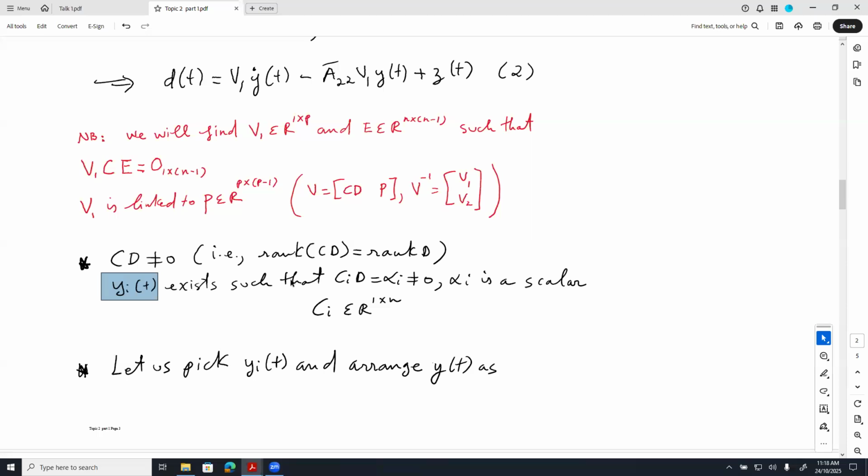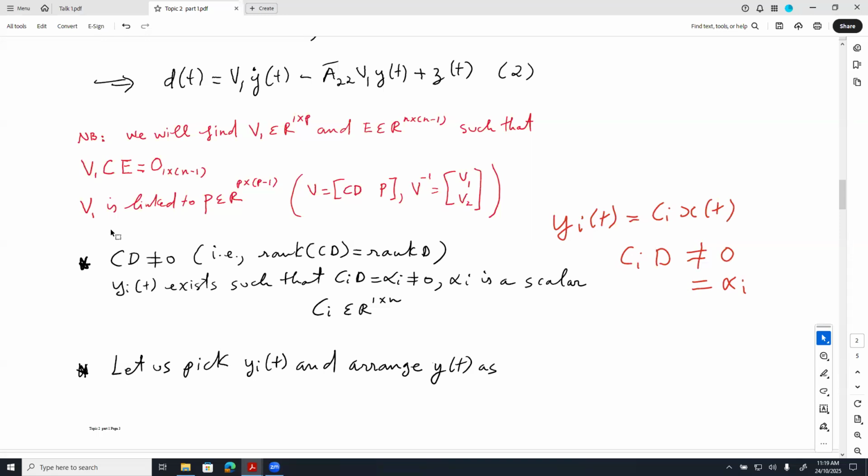And that output measurement exists in such a way that, when we take the row of that output measurement, we can call y i of t equal to C i x of t. And if we take C i times D, that element there should be non-zero, and we denote it as alpha i.